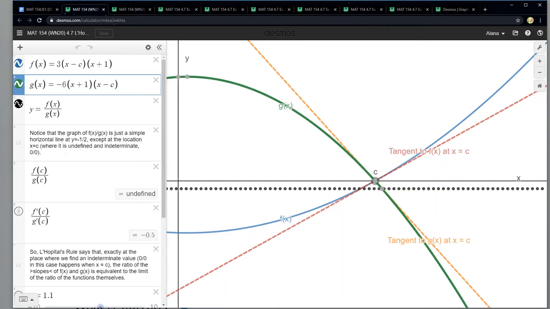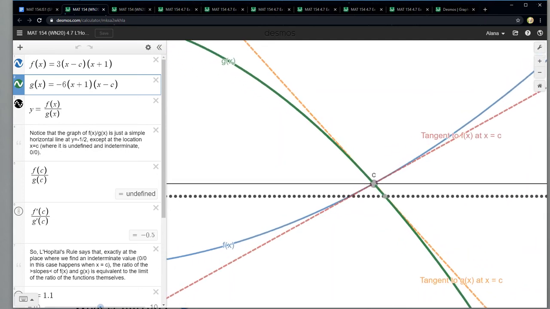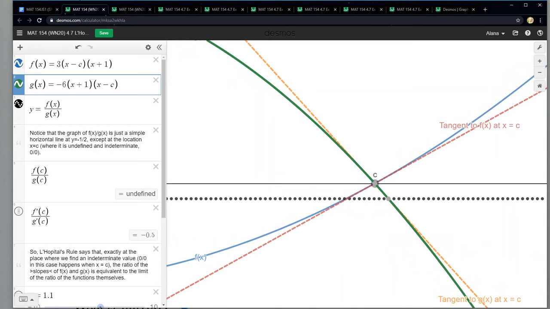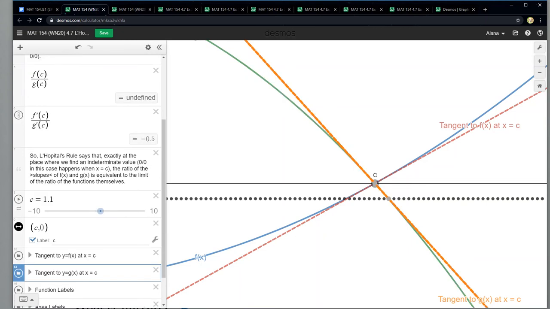When you're doing the limit, what you're saying is, take this curve and divide it by that curve and get me that value. Well, right up close to the value of c, there's no difference for all intents and purposes. They're not actually the same, but they're close to the line instead. Use the slope of the line and the slope of the line instead of the curve and the curve.